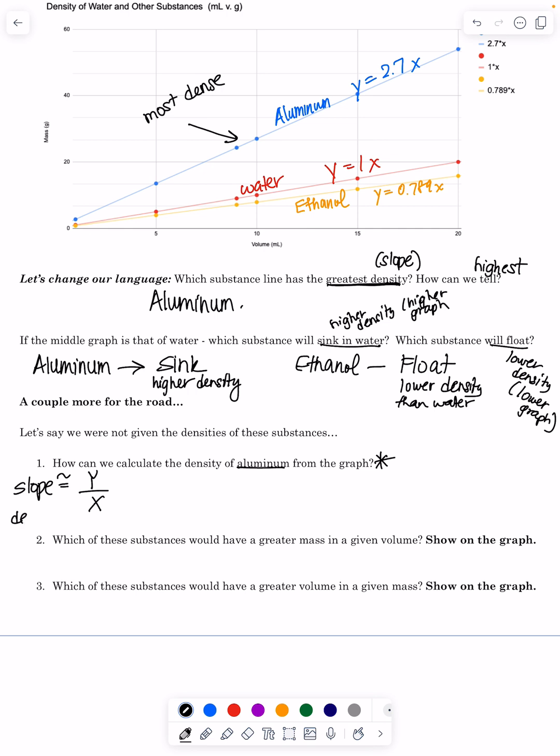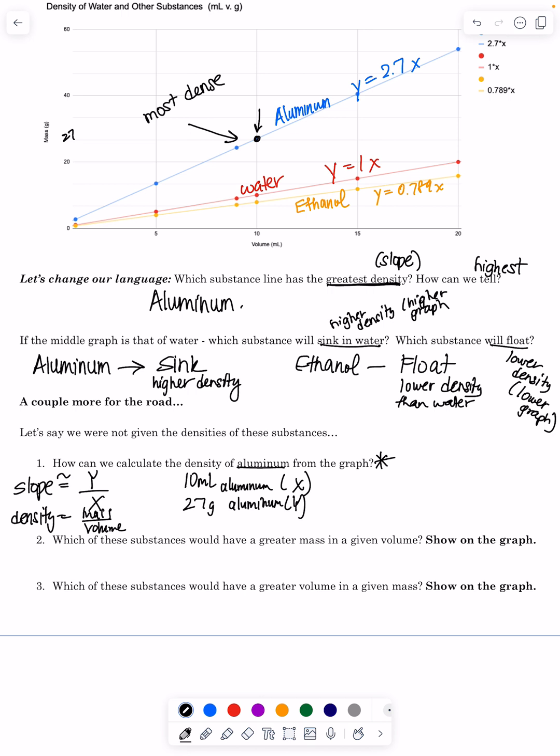Don't forget that density is mass over volume. That's the same thing. So let's look at aluminum here. Let's choose a data point. For 10 milliliters of aluminum, which is an X value, the mass is about 27 grams of aluminum.